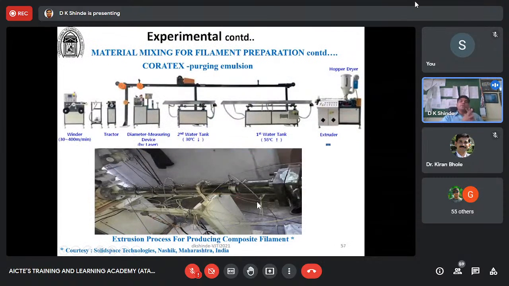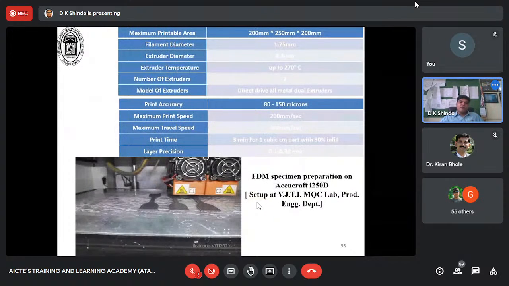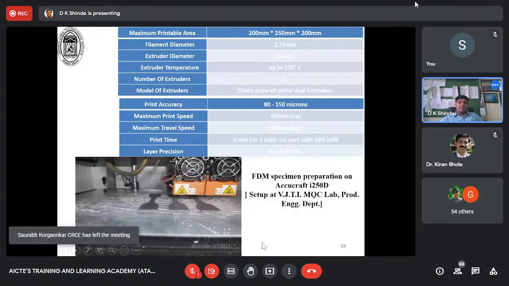Then once the spool is made with 0.1, 0.2, and 0.3 weight percentages, it is taken to print the 3D printed parts. We wanted to do the material characterization, so we followed the ASTM standards to print the specimen size directly rather than preparing a sheet and then cutting it.